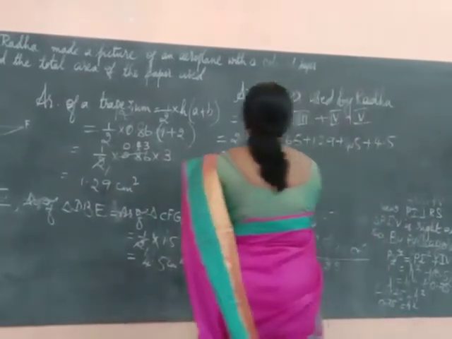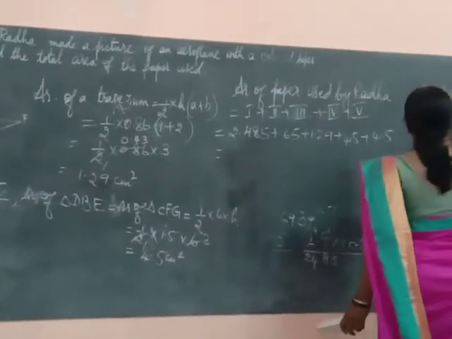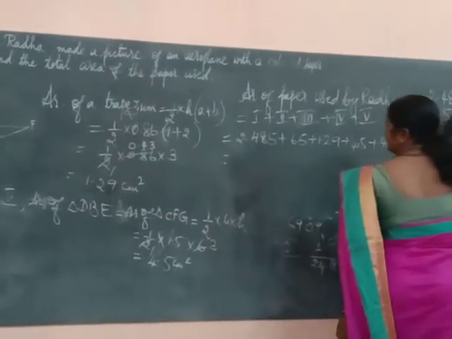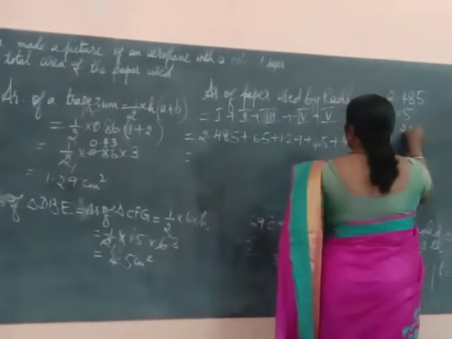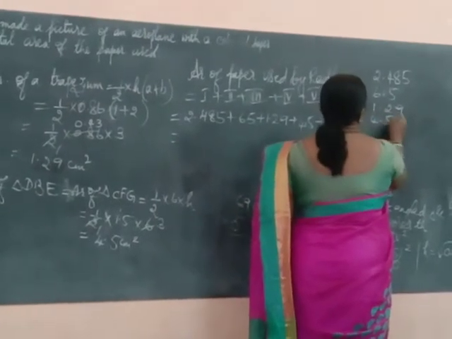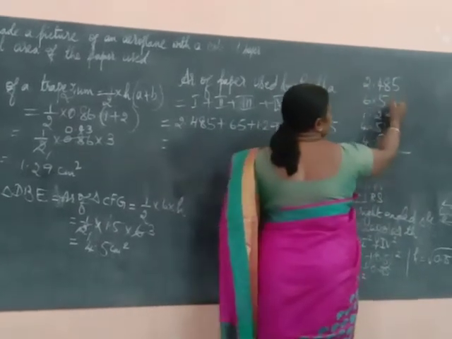Okay, 2.485 plus 6.5 plus 1.29 plus 4.5 plus 4.5. What do you get here?